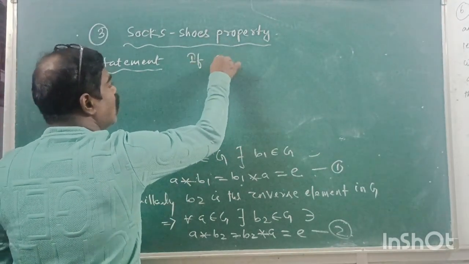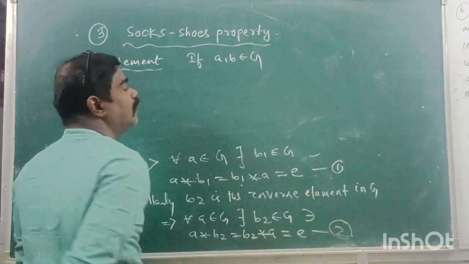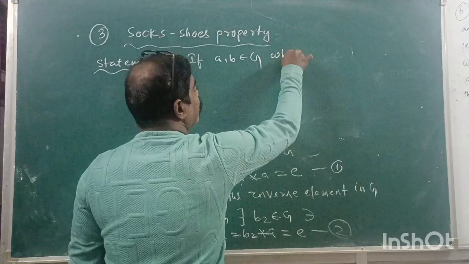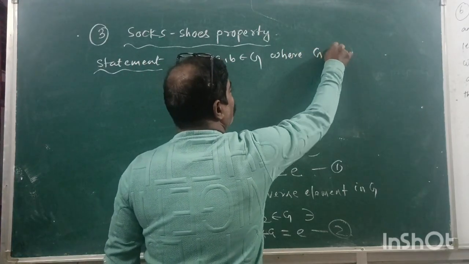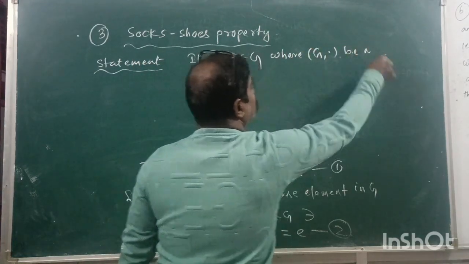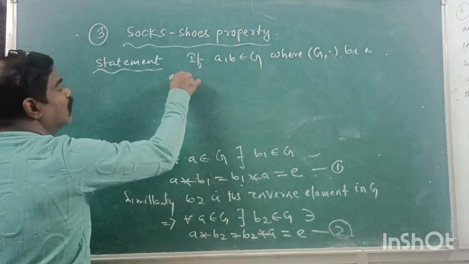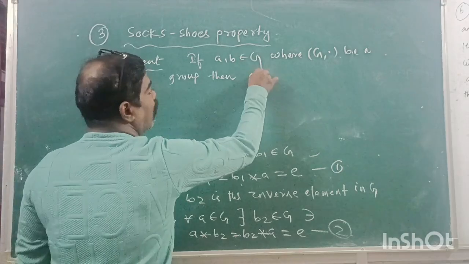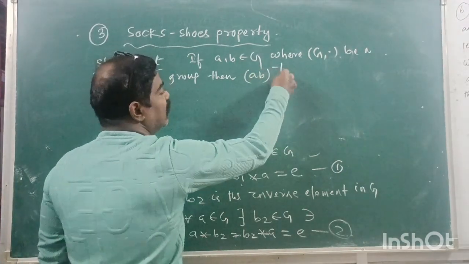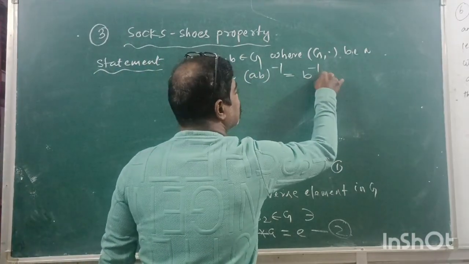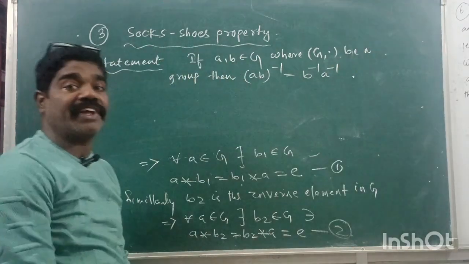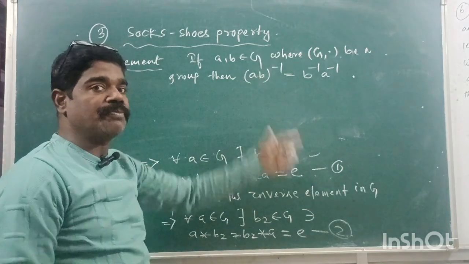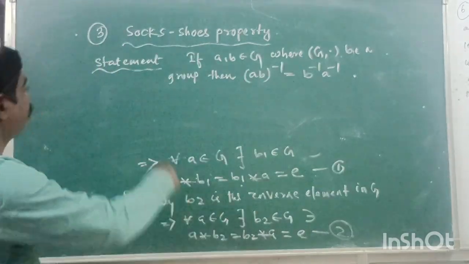If A, B belongs to G, where (G, dot) be a group, then (AB) whole inverse is equal to B inverse A inverse. Very, very important theorem. It is called socks and shoes property. Right? I will prove this one. Okay? Fine. Prove.